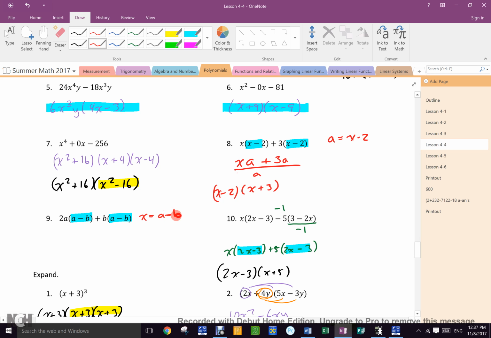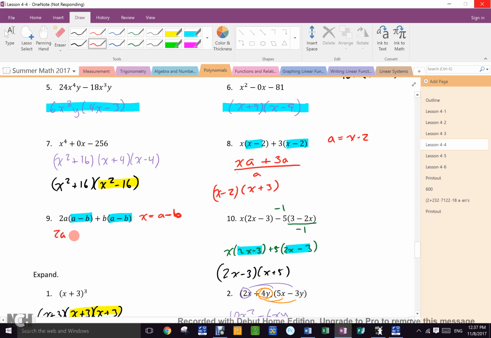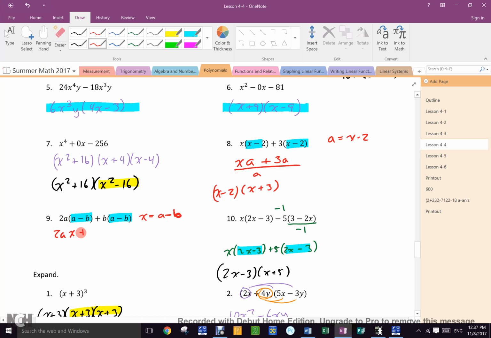Right? So now this says a minus b, but I have decided that a minus b is an x. So this is really 2a times x, yes? Right? And what's this one? Plus b times x, yes? Now what is common to both of those? x.